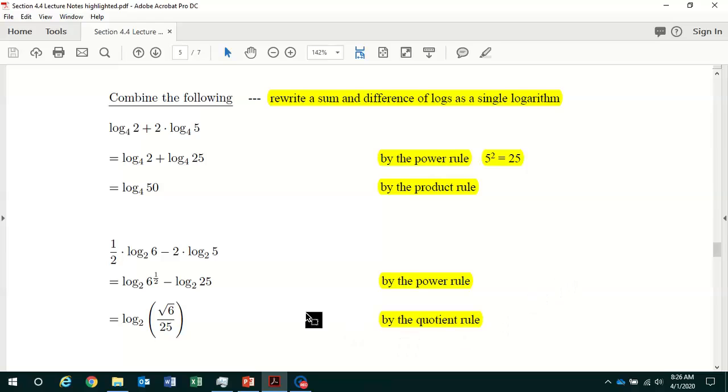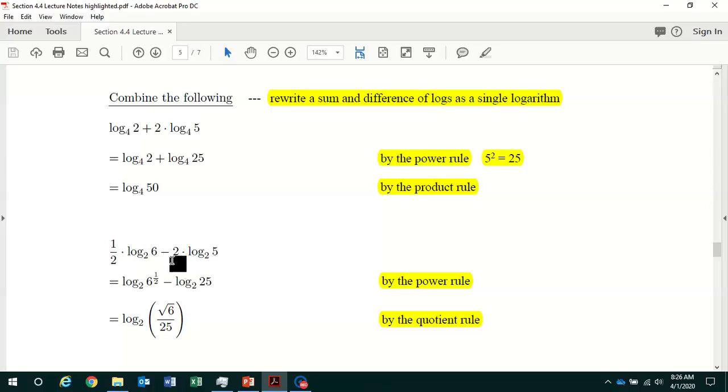In the next example, we have 1/2 times the log base 2 of 6 minus 2 times log base 2 of 5. Again, we're going to write this difference as a single logarithm. And so this 1/2 out front of the log can be brought inside the logarithm and made an exponent on the number 6.